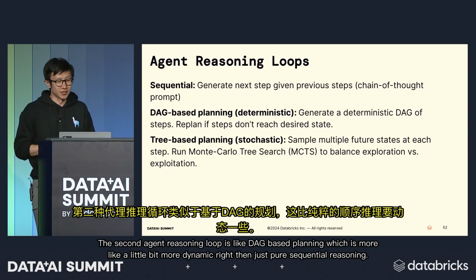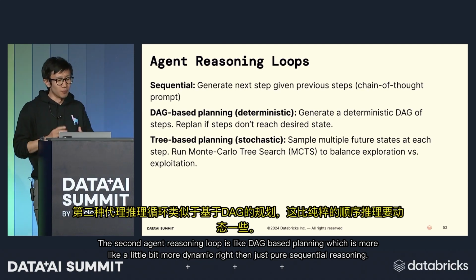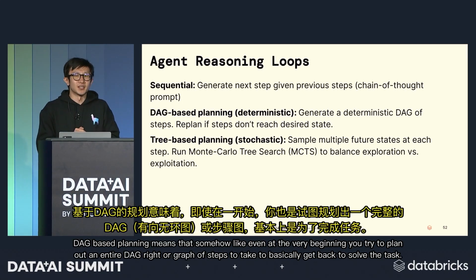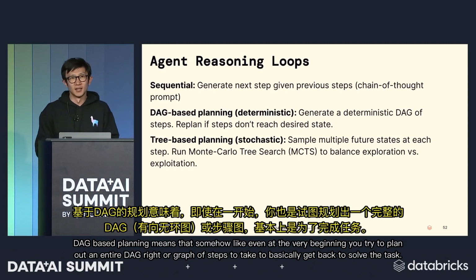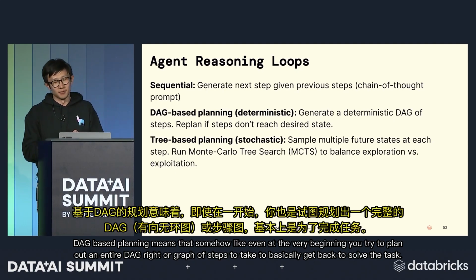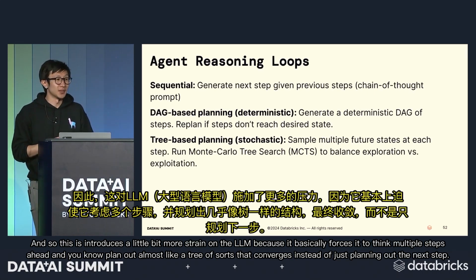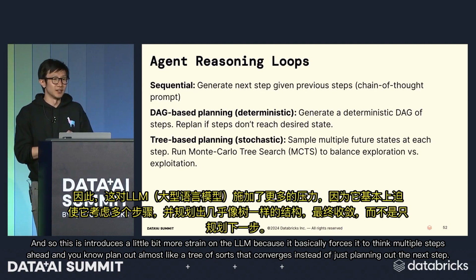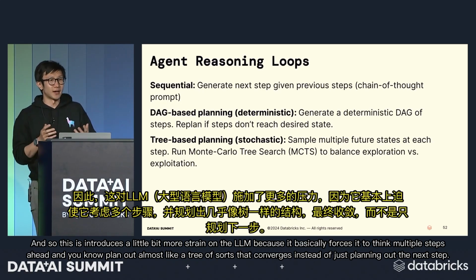The second agent reasoning loop is DAG-based planning, which is a little bit more dynamic than pure sequential reasoning. DAG-based planning means that even at the very beginning, you try to plan out an entire DAG, or a graph of steps to take to solve the task. This introduces a little bit more strain on the LLM because it forces it to think multiple steps ahead and plan out almost like a tree of sorts that converges, instead of just planning out the next step.